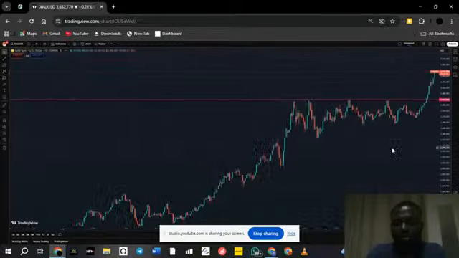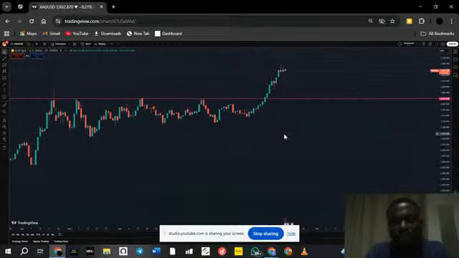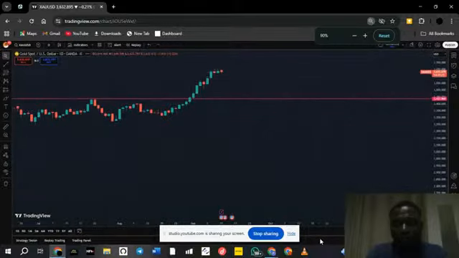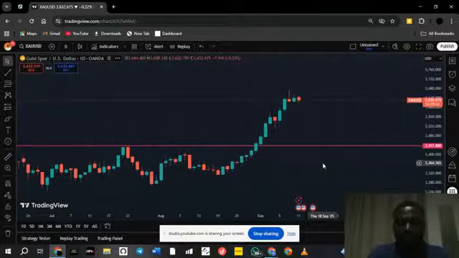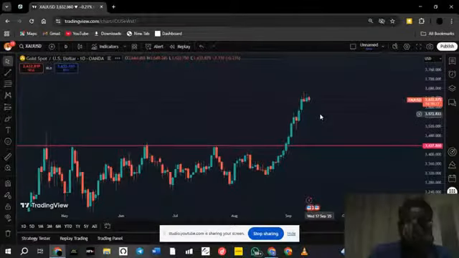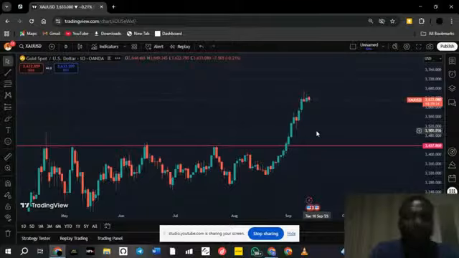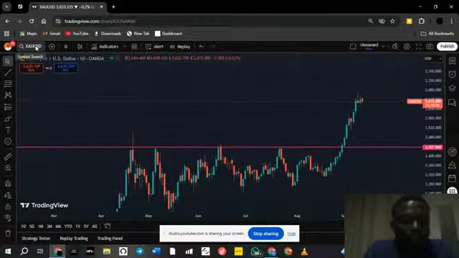But for us here, the only time we're going to look for an entry on gold is when we see gold come down to this zone that is highlighted here, and it gives us a certain move that is going to confirm that it's going towards the upside. Apart from that, we are not doing anything on gold for now. We are waiting, watching the market like a hawk.